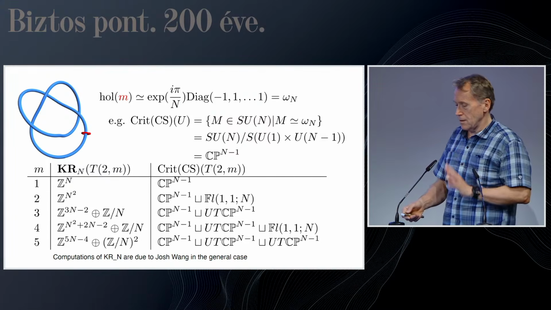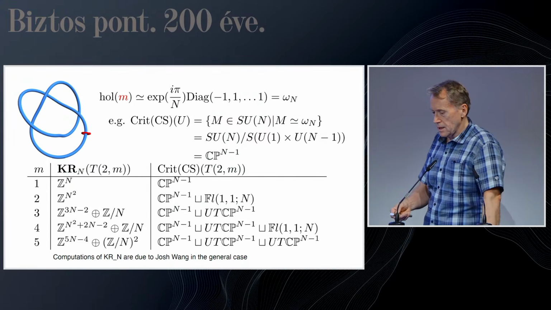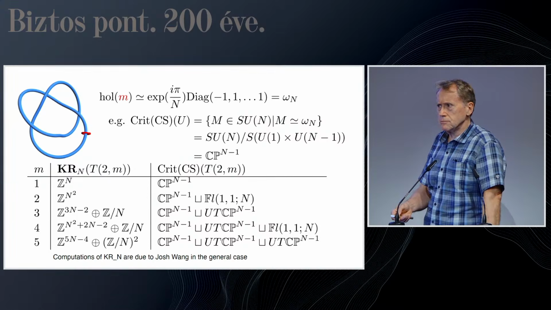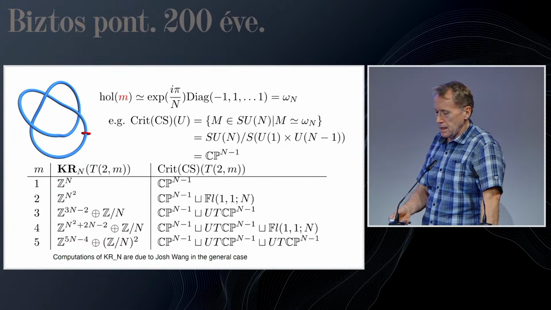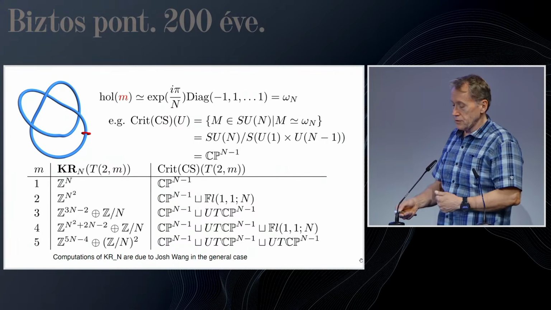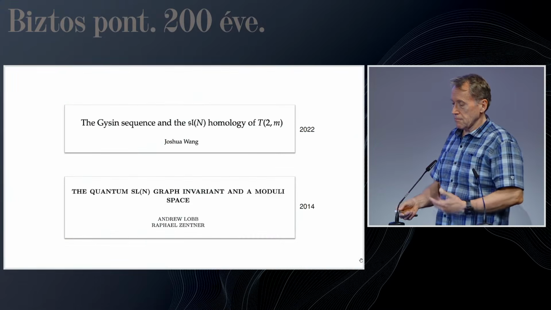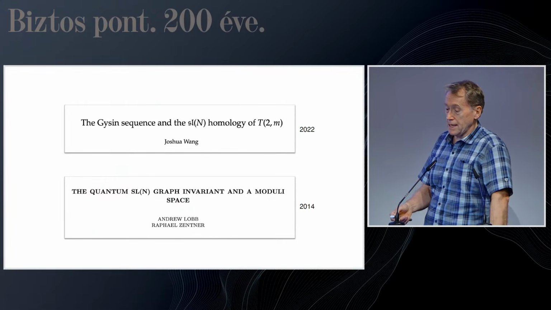Josh did the more general colored version, at least in many cases. But the nice thing about this story is that the instanton story gives you a nice way of starting to think about what the answer might be for some of these more complicated theories.